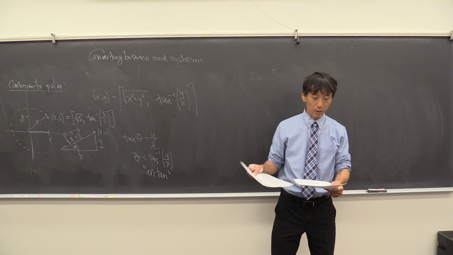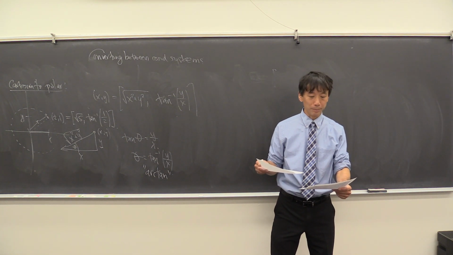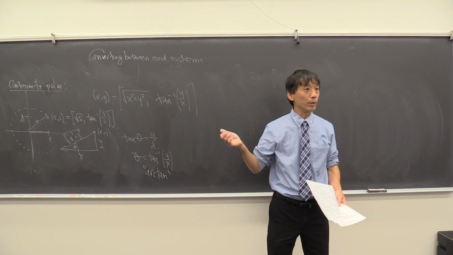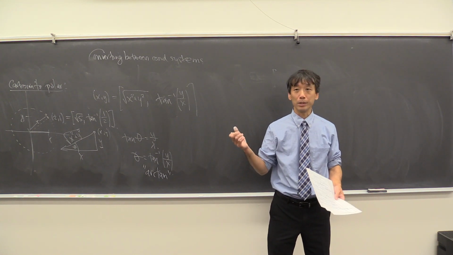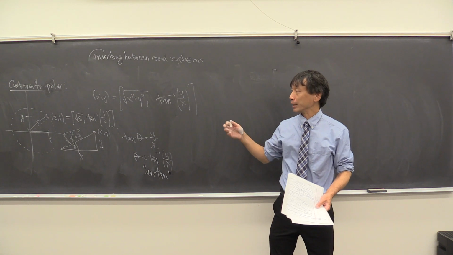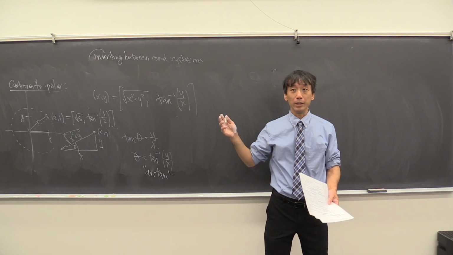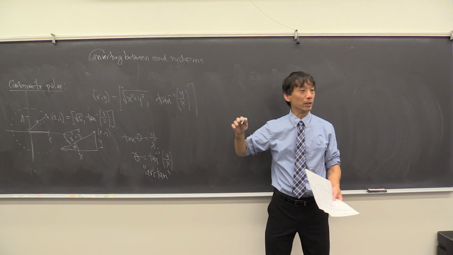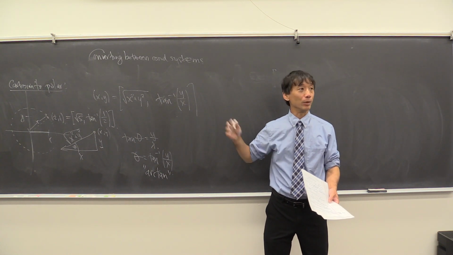So all we've done so far is introduce this new coordinate system, the polar coordinate system, show you what it means, and show you how to take polar coordinates and convert them into Cartesian, and from Cartesian back into polar.